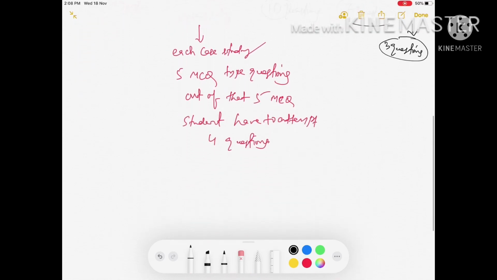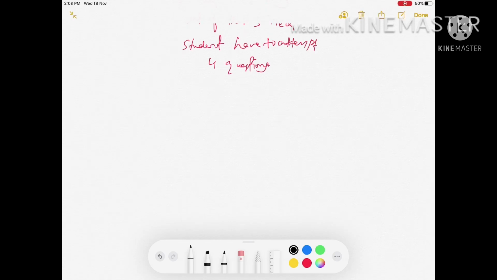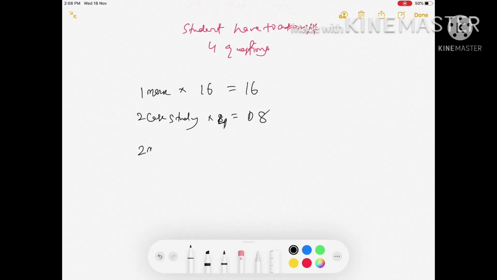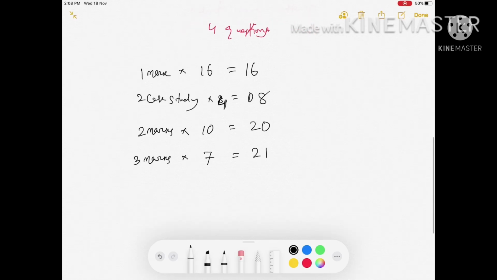That means the total question paper will now contain 16 questions of 1 mark, and 2 case studies, 8 marks, for each question 4 marks, so total you will get 8 marks here. 2 marks questions 10, which will be of 20 marks. 3 marks questions will be 7 questions, the total mark will be 21, and 5 marks questions will be 3, total will be 15.